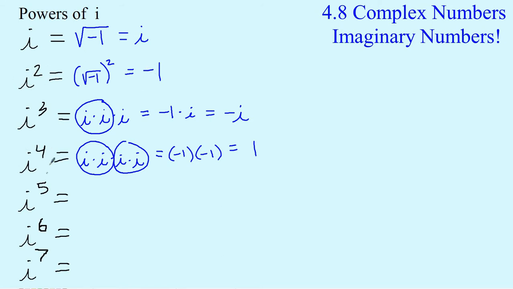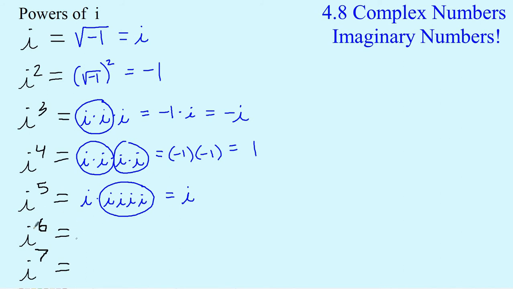If we have four i's, well, then we can see the whole picture. We get 1. All right, so i to the fifth. Well, hopefully now we're starting to see, well, that's just one i times four others. So when I have four of them, that's just 1. And 1 times anything is just itself.